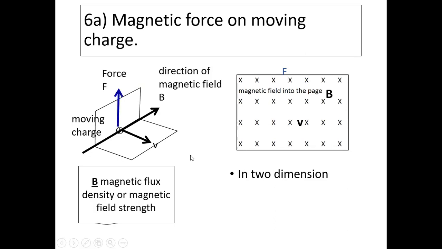There's a force going up on the charge if it's moving this way. So we can represent B going in this way. There's a positive charge, there's a force, there's a velocity V. Either look at it in 3 dimensions or 2 dimensions.